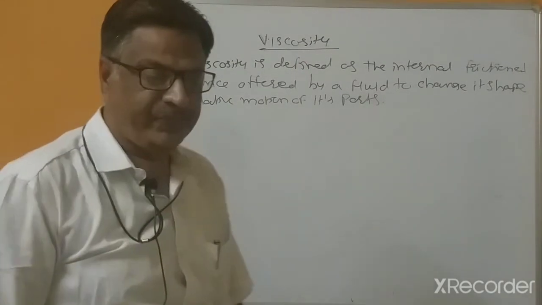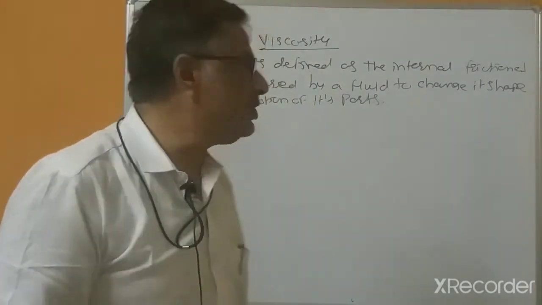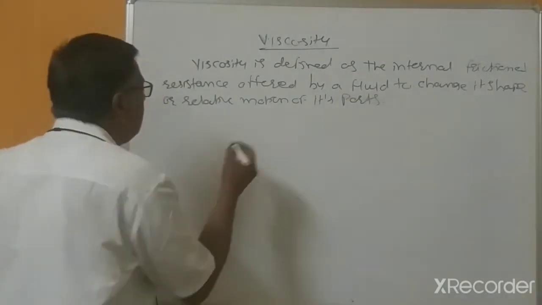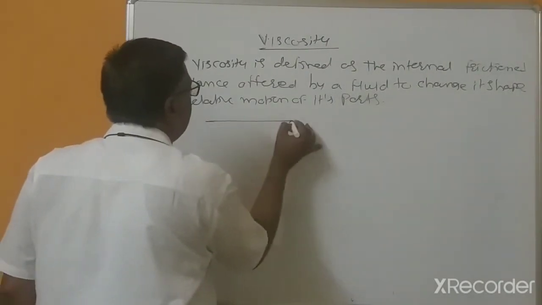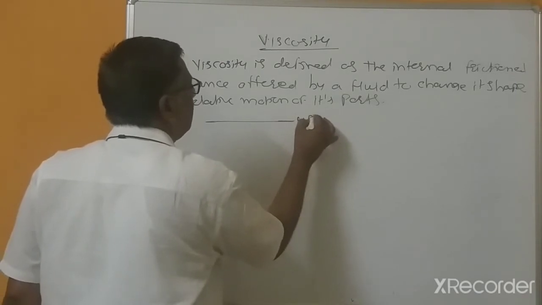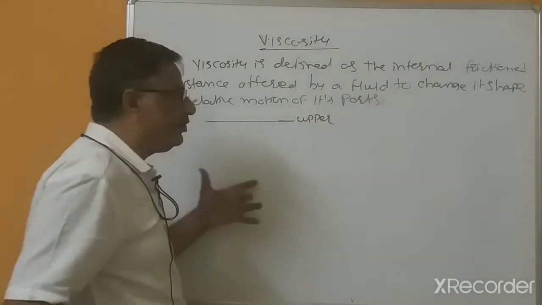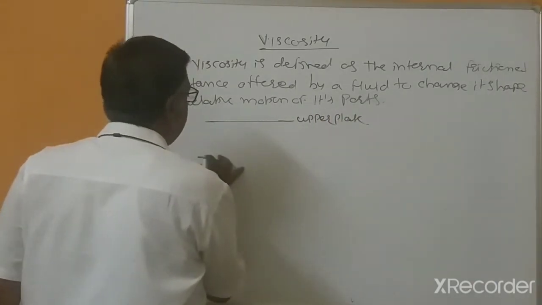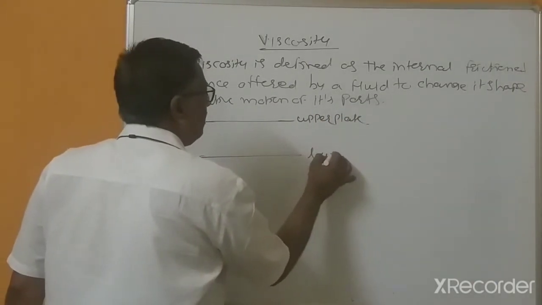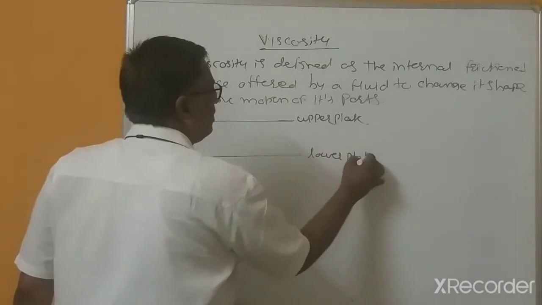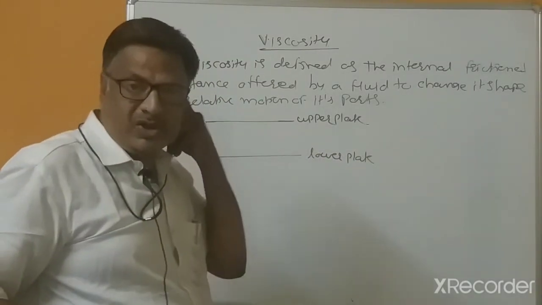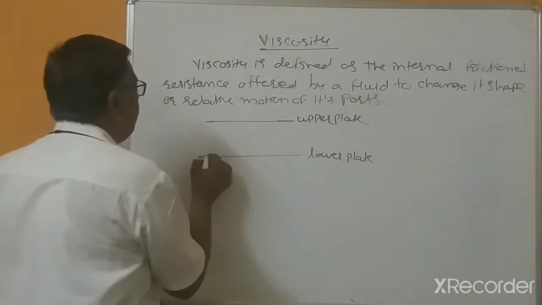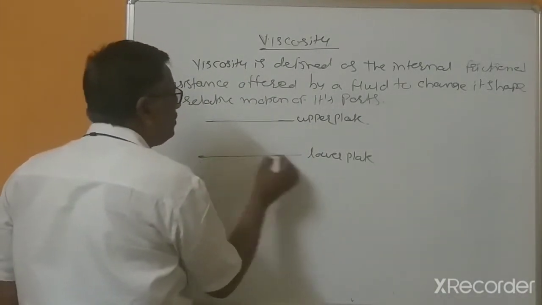So viscosity here means the lubricating oil. Because in bearings there are two contacts. One is the upper, suppose this is the reciprocating upper plate, and this is the lower plate. Suppose in sliding contact bearings, reciprocating bearings, this is the upper plate and this is the stationary lower plate.